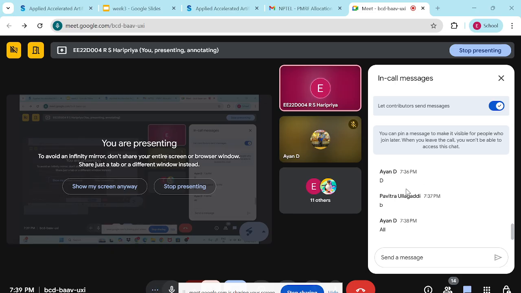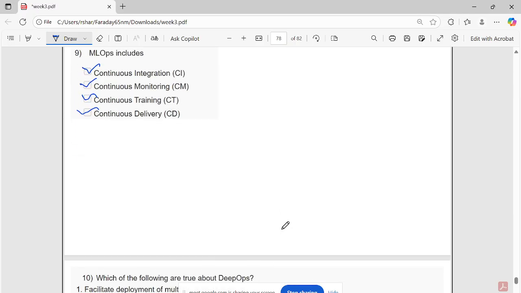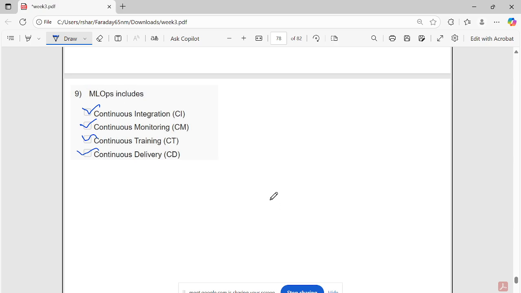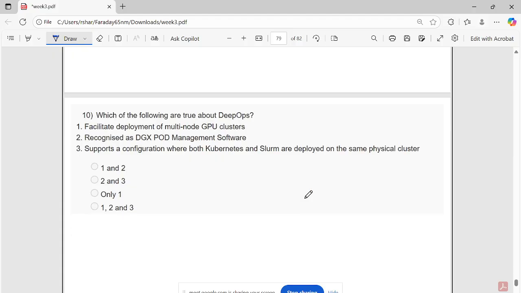Yes, I think now it should be visible. So MLOps includes CI, CM, CT, and CD. Next, going to question number 10. Which of the following are true about DeepOps?